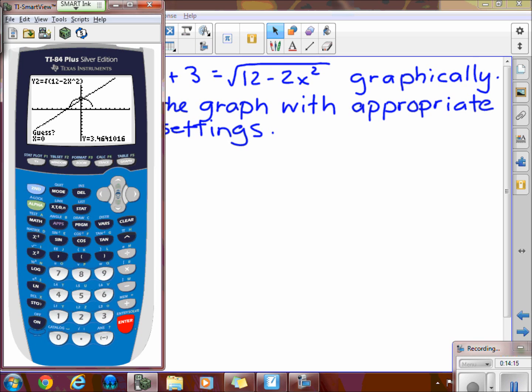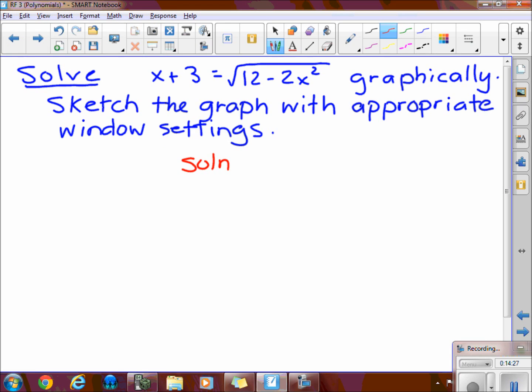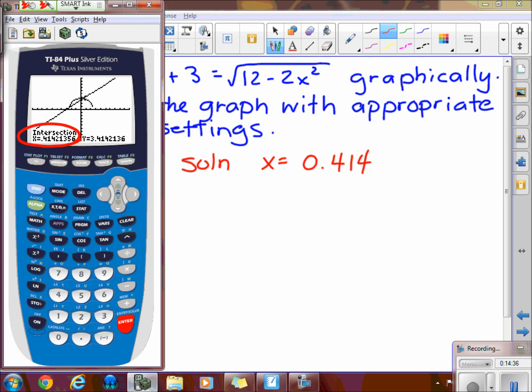And we'll round to 3 decimal places. One of the intersection points is when x equals 0.414. So we'll record this finding, x equals 0.414. And now we have to go back and try to find that other intersection point. And to do that, it's just a little bit of a skill that you have to know.